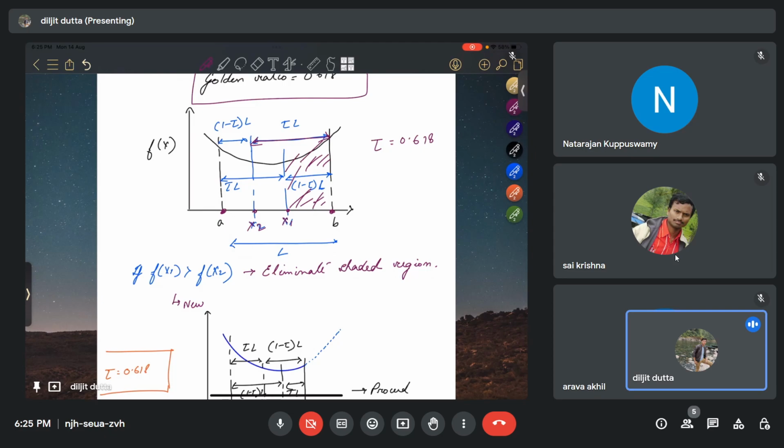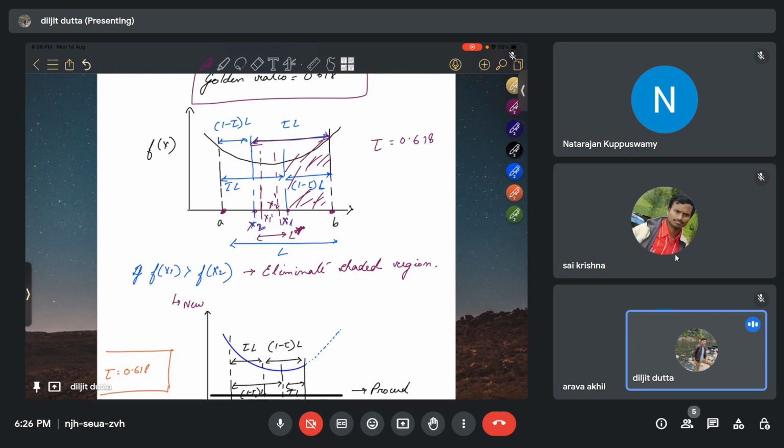Then the new A and B will be A, x1 equal to A, x2 equal to B, and based on the new length, suppose L star, we will again find the next x1 dash and x2 dash. Suppose x1 dash will be somewhere here, and x2 dash will be somewhere here.